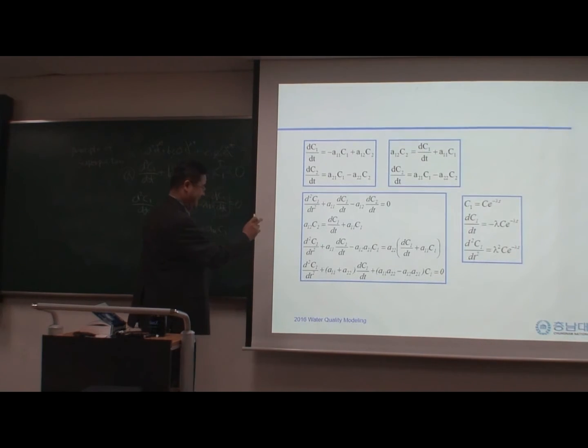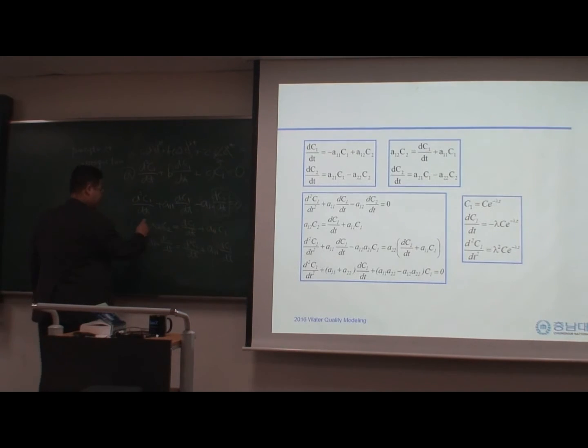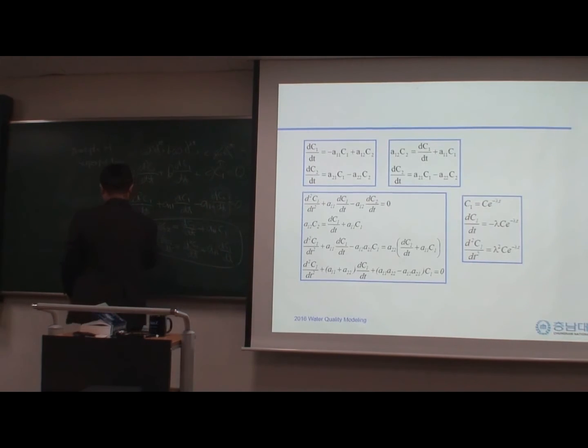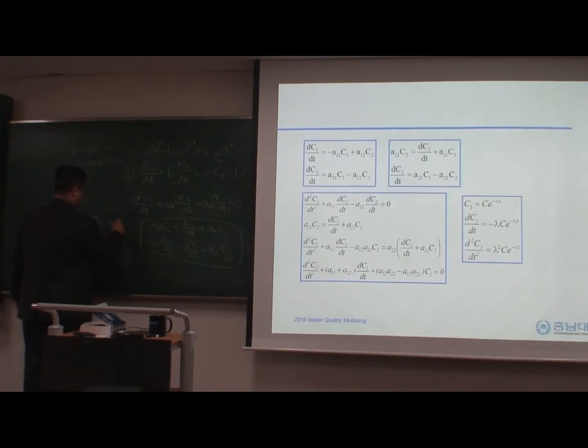This is very confusing all the time. That's one thing. And my dC2/dt in this case is A21 C1 plus A22 C2.